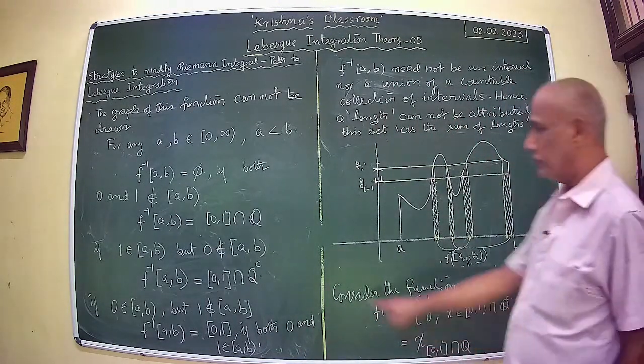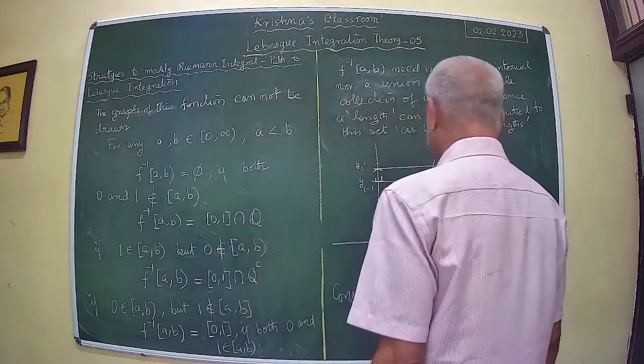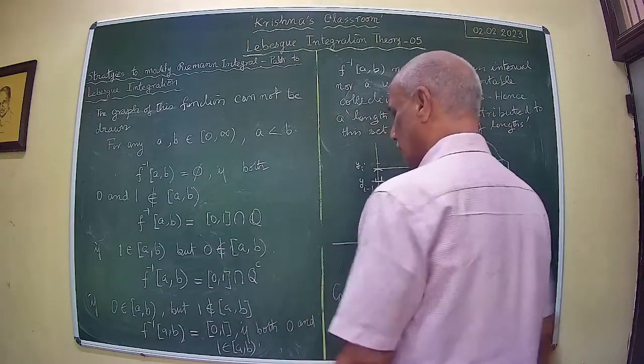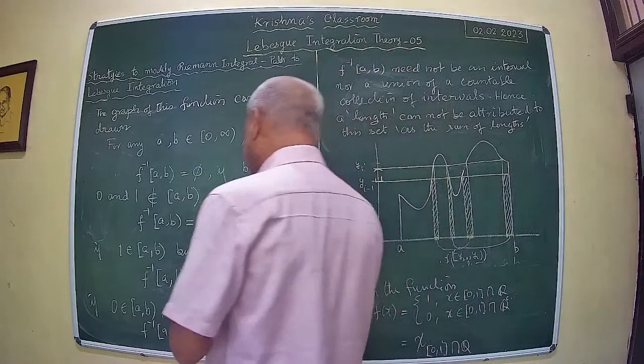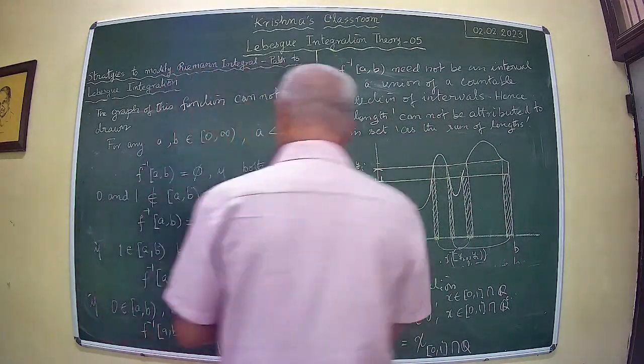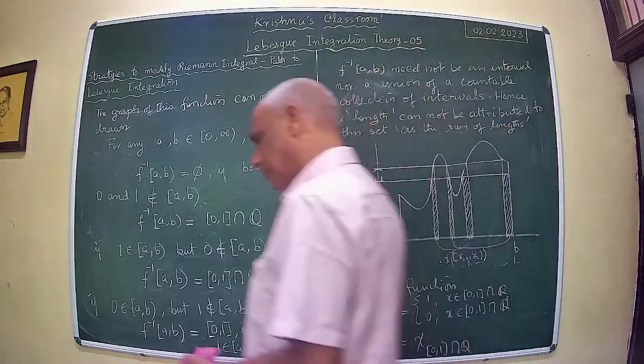So in both these cases, if it contains 0 but not 1, or if it contains 1 but not 0, you run into difficulties.